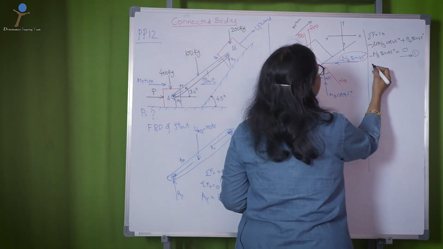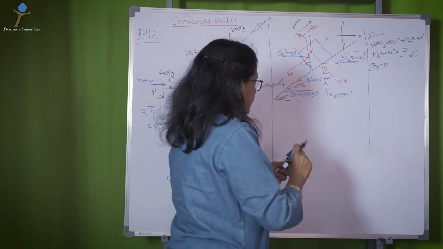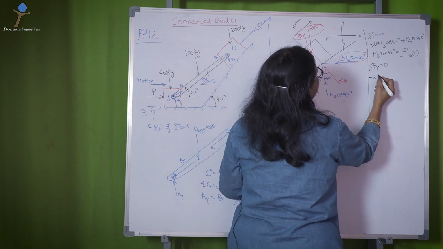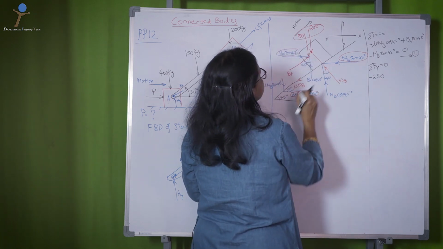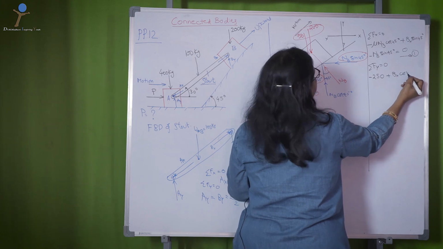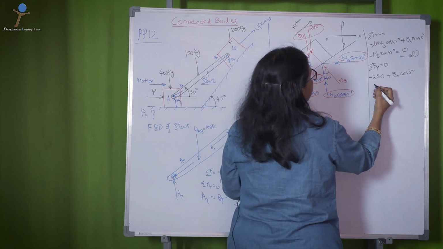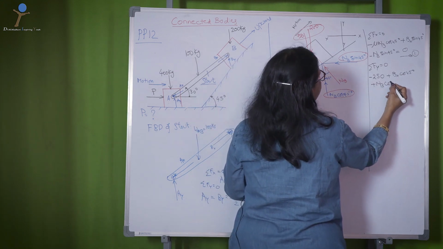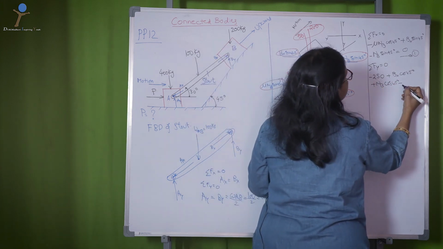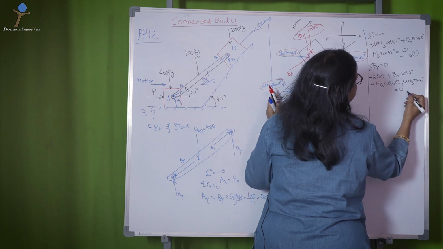Now, let us go for the next equilibrium condition, sigma Fy equal to 0. These put together, that is minus 250 plus Bx cos 45 plus NB cos 45 minus mu NB sin 45 equal to 0.